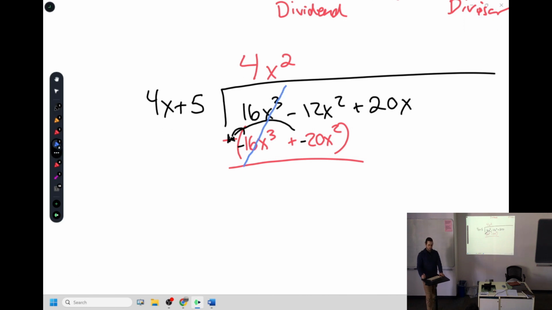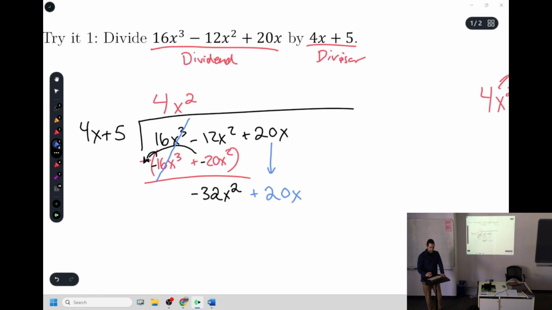Zoop. And negative 12 minus a 20. And we drop it down. And we reset. And we do it again. How can you get from 4 to negative 32?